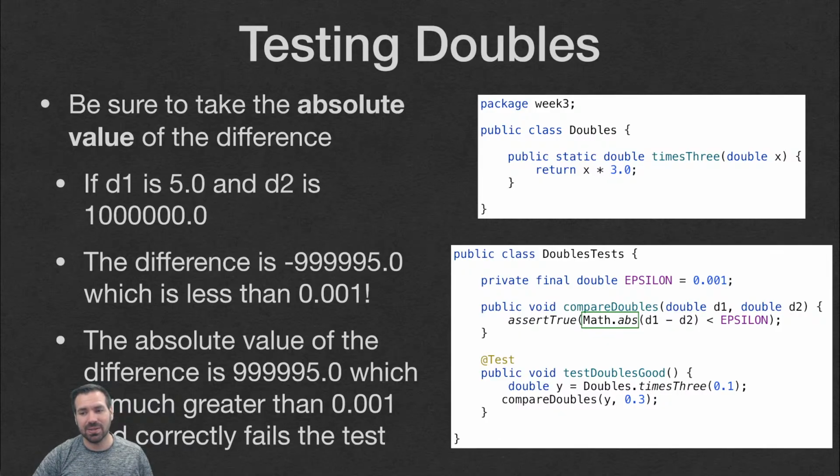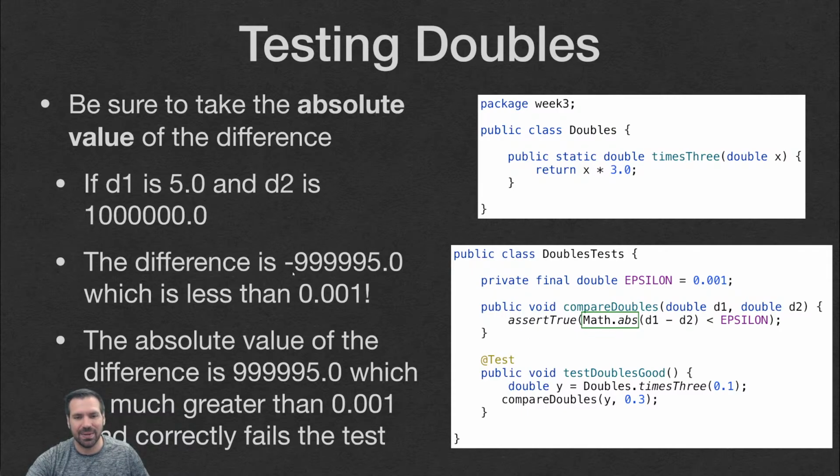I've seen many bugs where people forget the absolute value part of this, and that's a tremendous bug. For example, if D1 is 5 and D2 is 1,000,000, D1 minus D2 is about negative 1,000,000, which is way less than 0.001. We're just checking if it's less than that.